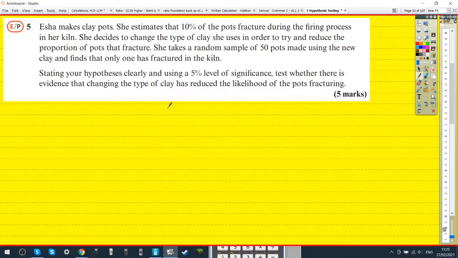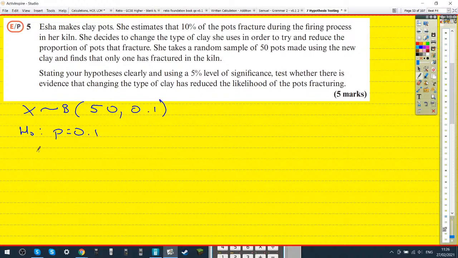So would it be X is binomially distributed, and then it would be 50, and then 0.1. Well done. And then would you say the null hypothesis is p equals 0.1?